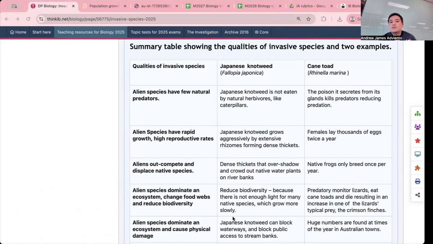It also connects to conservation biology and management strategies. This is how we control invasives, and what policies, biological controls, or preventive measures are effective. And of course, for assessment, students may need to explain the mechanism by which invasive species affect native populations, evaluate impacts, or propose control measures. These are all common in IB questions.